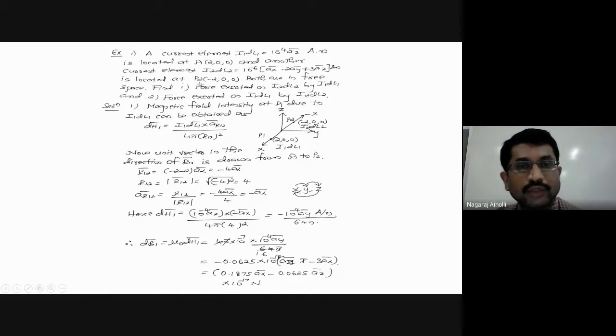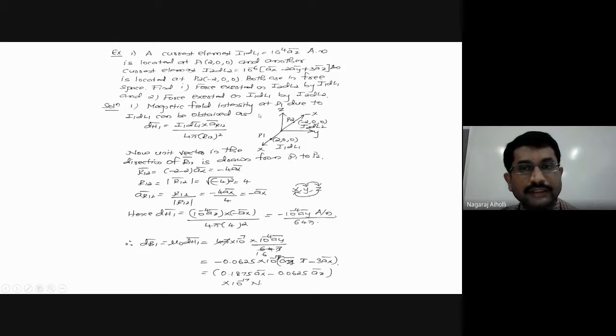It is located at P2 of minus 2, 0, 0. Minus 2 means it is on the negative x axis. This is positive x, the other one is minus x, on the opposite side. Both are in free space. We have to find the force exerted on I2 DL2 by I1 DL1, and second, the force exerted on I1 DL1 by I2 DL2. Both we have to find out. Okay. Let us find that.